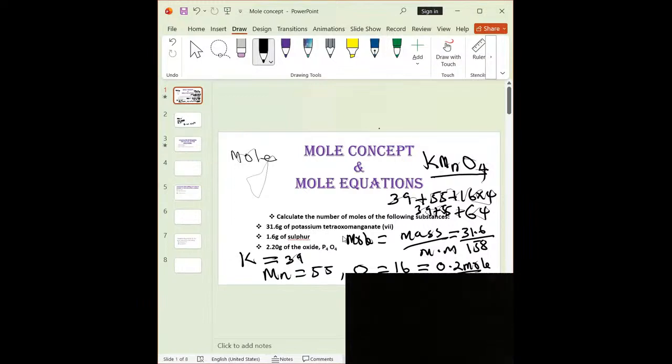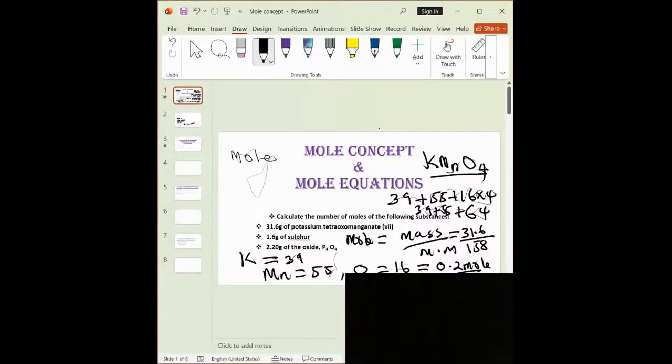of phosphorus oxide. To solve the first question, first interpret the molecular formula of potassium tetraoxomanganate. This KMnO4: potassium is 39, manganese is 55, oxygen is 16, and we have 4 atoms of oxygen here, 16 times 4.